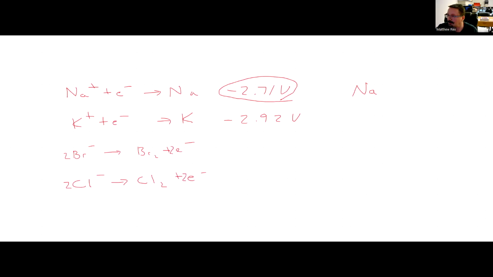For these, our oxidation potentials are plus 1.09 and plus 1.36. Oxidation preferably occurs from lower on the table. If we have two standard reaction potentials, the one that's lower is the one that's probably going to be oxidized. These are both positive, but this is the one that would be lower on the table. And so bromide is what we should see being oxidized between the two possible oxidations.